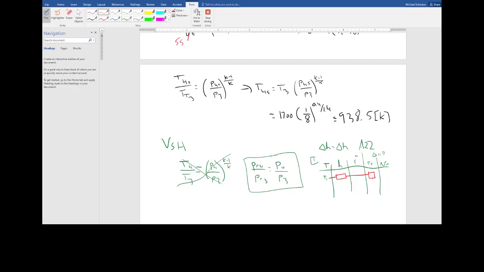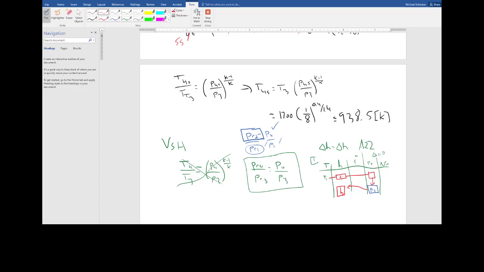Now we're going to use the pressure ratio to find PR2, because we would have also said that PR2 over PR1 is equal to P2 over P1. So this is given, this is given, this is given, and it lets us find PR2. Then once I find PR2, I interpolate backwards and I find h2.